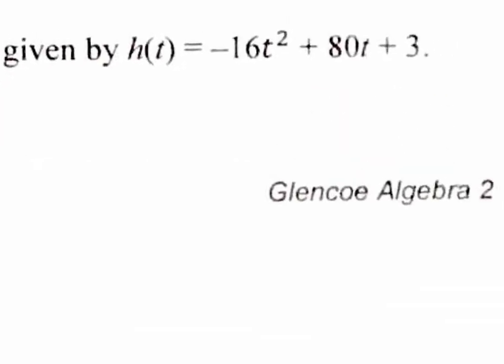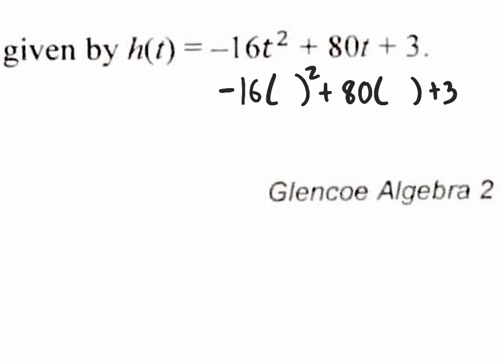So let's plug it back in to this function. Remember, it's 2.5 seconds. So let's rewrite it with parentheses. And inside the t position, we're putting in the seconds, 2.5, that we just found using the vertex formula. And if you type all this exactly the way it is into the Casio calculator, or into any calculator for that matter, you will get the final answer of 103. So that's your maximum height. So this guy hits the ball right here.